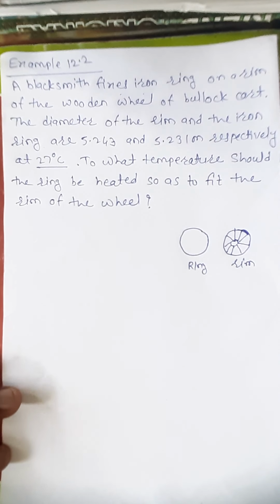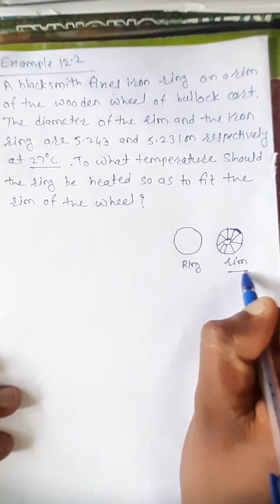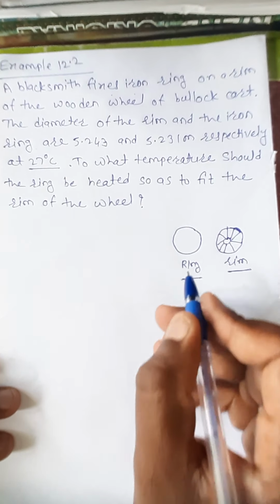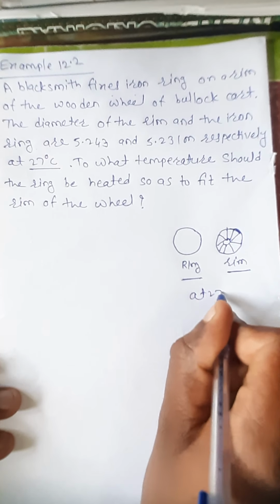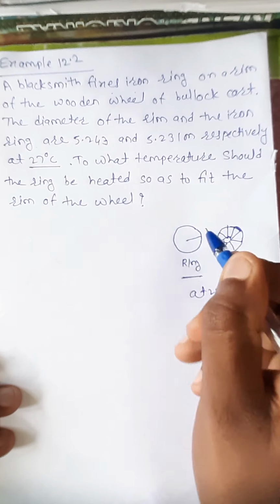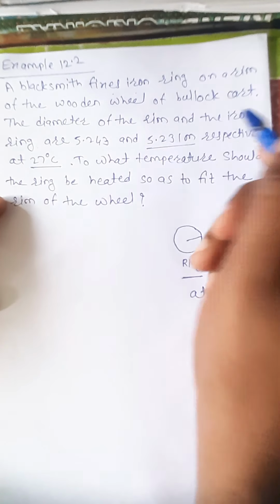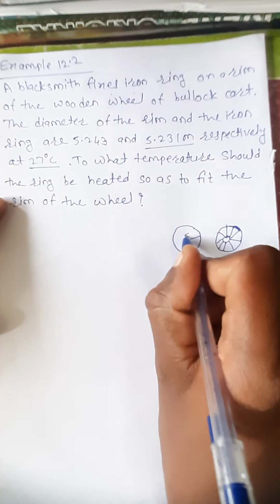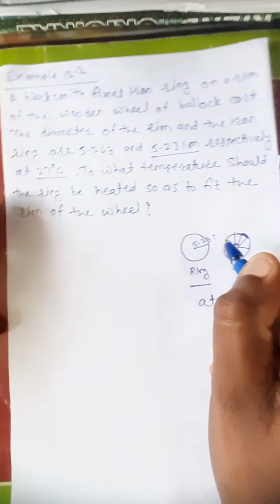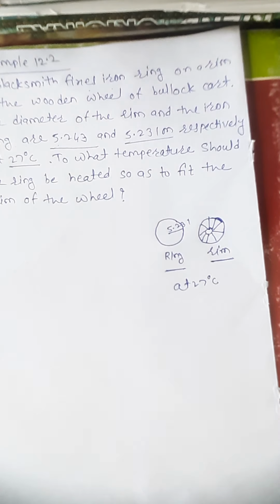Now one ring is there and one wooden rim is there. This is at 27 degrees Celsius, and the ring has a diameter of 5.231 meters, and the rim has a diameter of 5.243 meters.